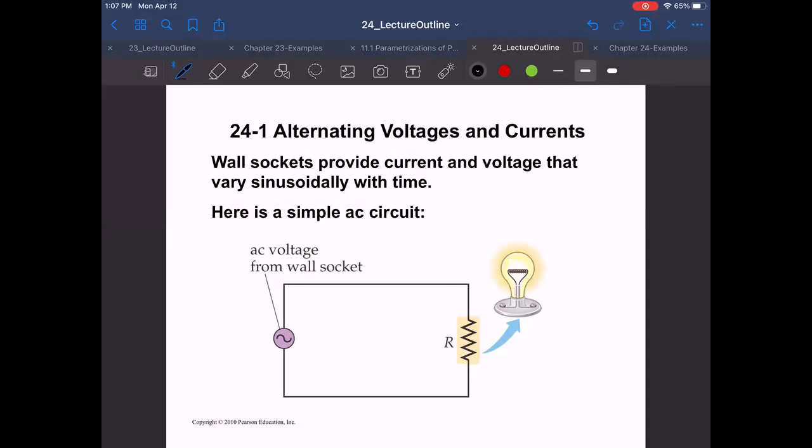We're creating current typically by spinning giant magnets, so we end up with this sinusoidal type of alternating current. Is it the only type of alternating current we can get? No, it's not. But it is the one we tend to see the most coming out of the wall.